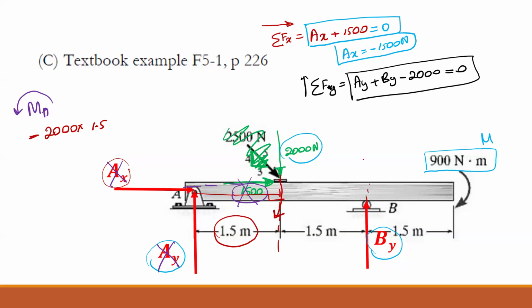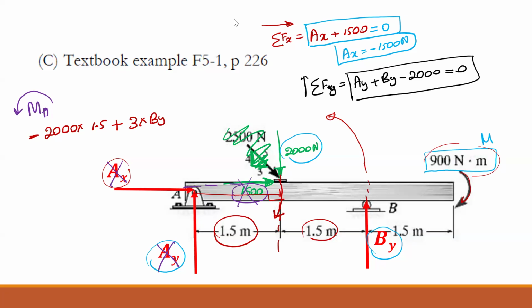And BY is going in the counterclockwise direction, and the perpendicular distance is 3. So positive 3 times BY. And for the 900, do I need to multiply by this 4.5 meters? So is it 900 times 4.5 meters, or is it just 900? What is it?